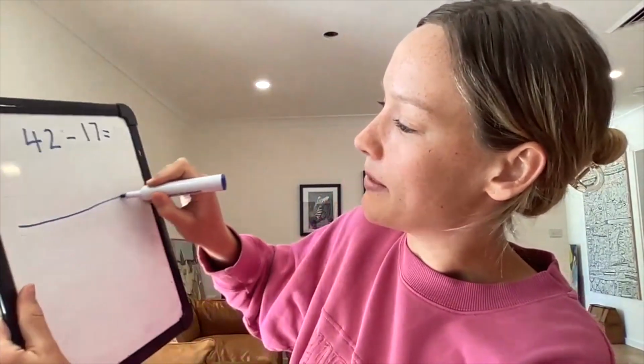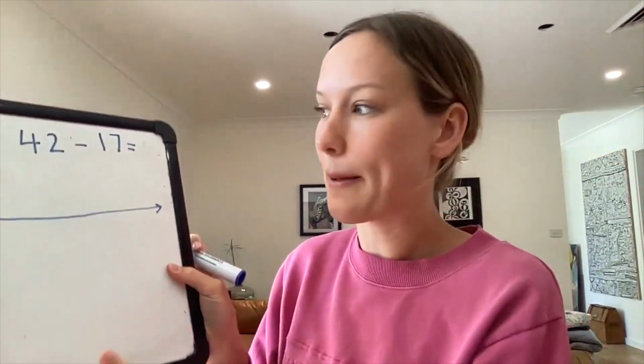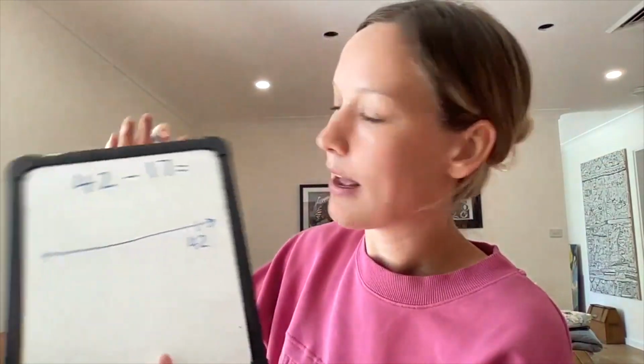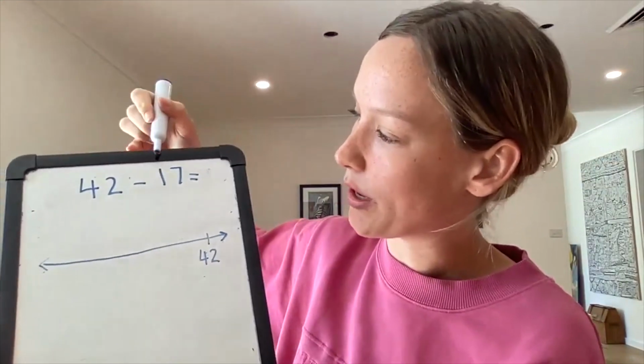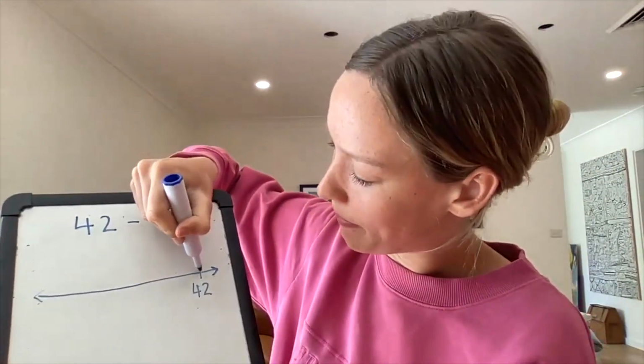I draw my empty number line and I put my biggest number, 42, at the end. Now I need to jump backwards because I'm subtracting. So I'm going to jump back my tens first and then my ones. So let's jump back 10.